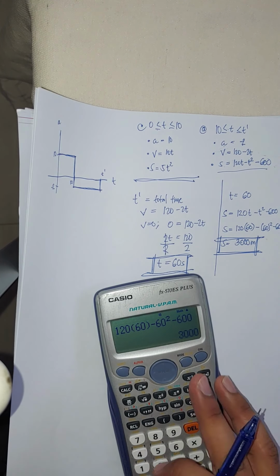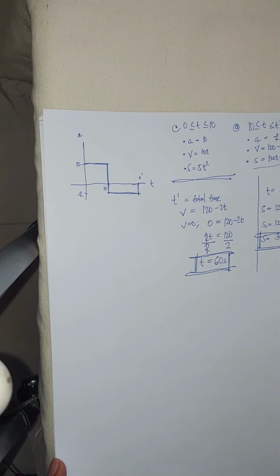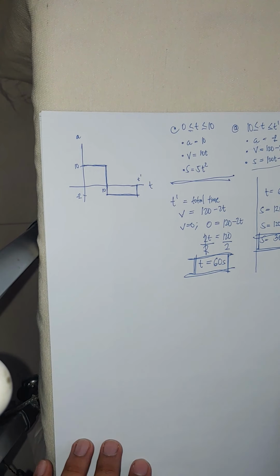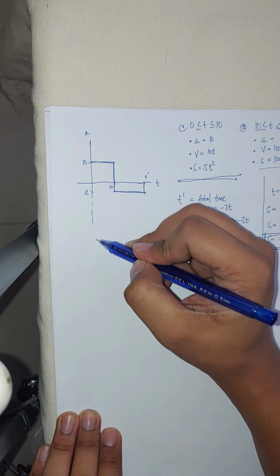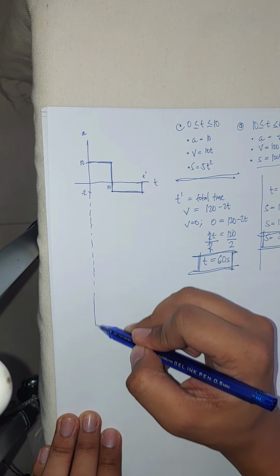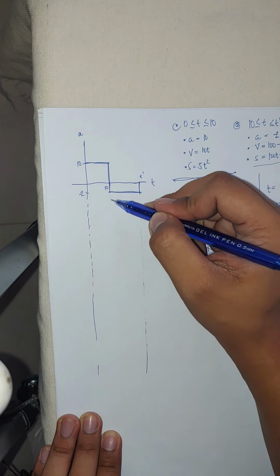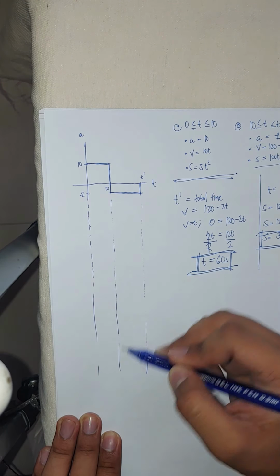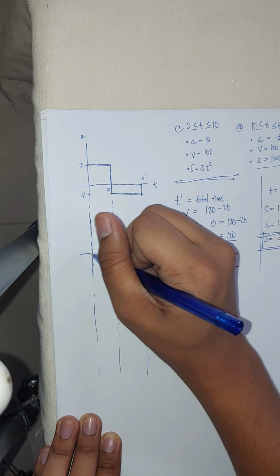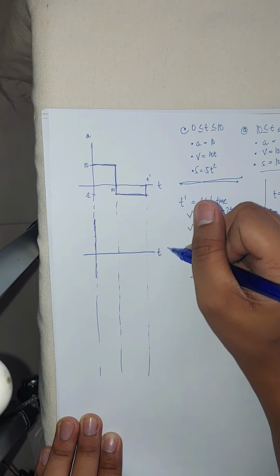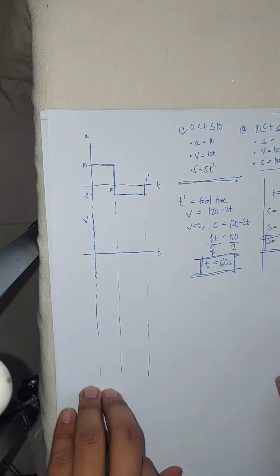Okay? So having these values, we can already graph the velocity versus time and then the position versus time function. So let's say this is my velocity versus time. So this is the velocity.